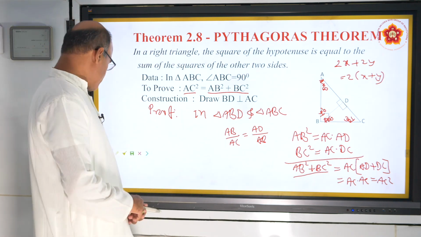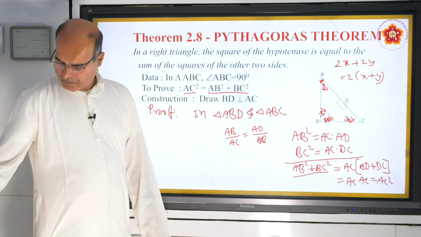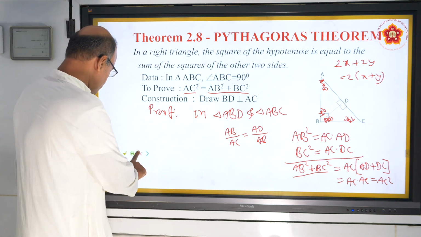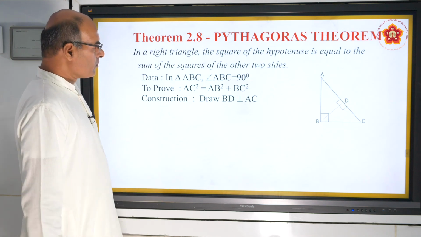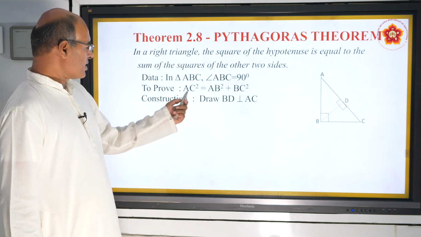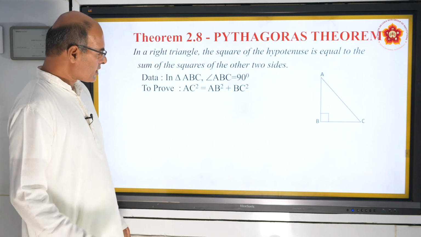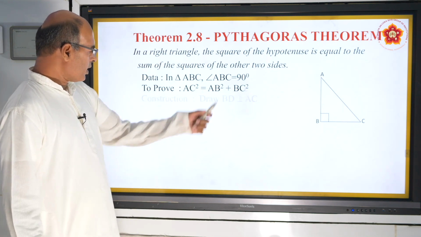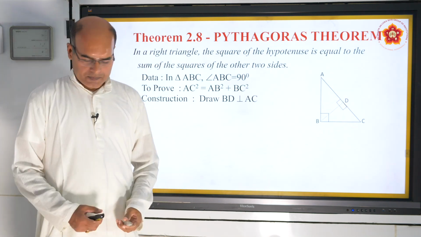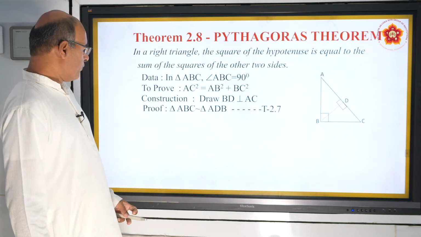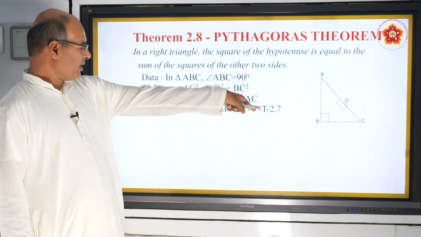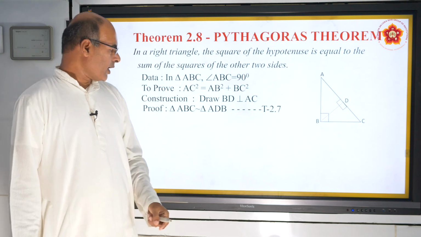Let us look at all these steps once again. There is a triangle, and we have to prove that AC square equals AB square plus BC square. For that, in the construction, we draw a perpendicular. Now go to the proof. Triangle ABC, the big triangle, is similar to triangle ADB.